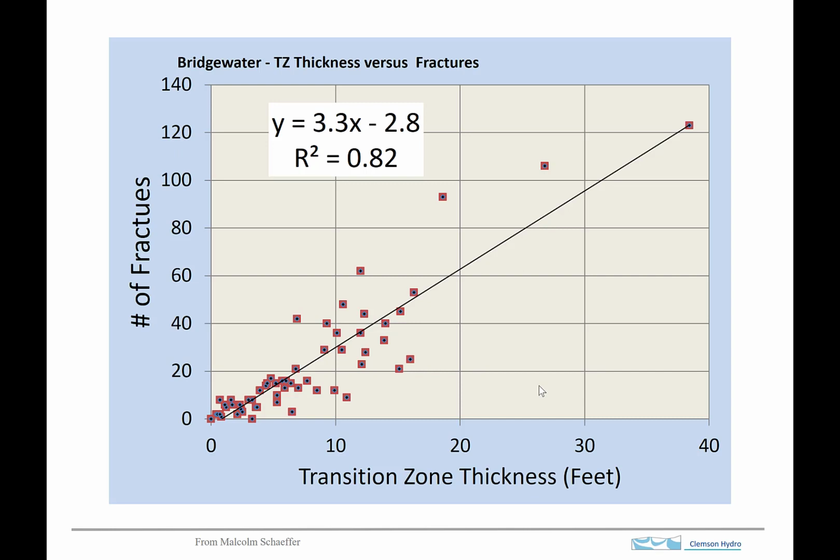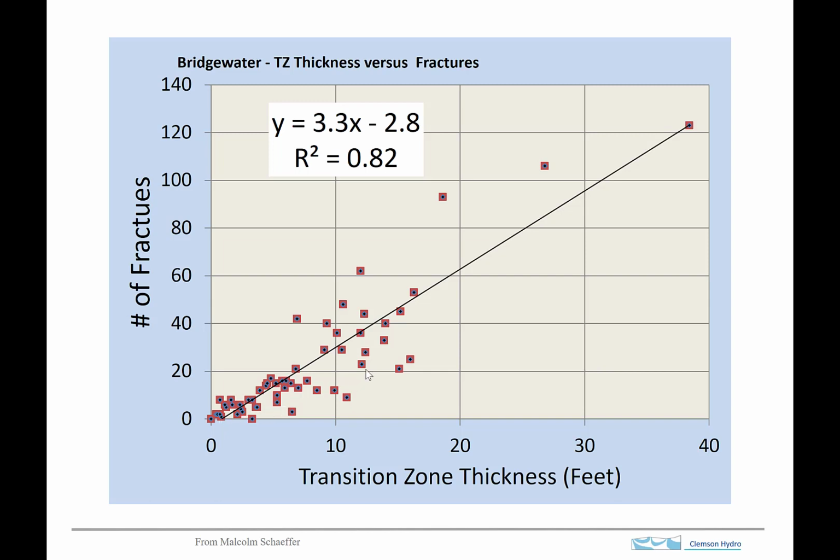So this is another set of data from the study by Malcolm Schaeffer. It shows the number of fractures as a function of the thickness of the transition zone and the linear fit to these data. And so you can see that the number of fractures increases with the transition zone thickness. And you can also see this gives you a nice depiction of the transition zone thickness.